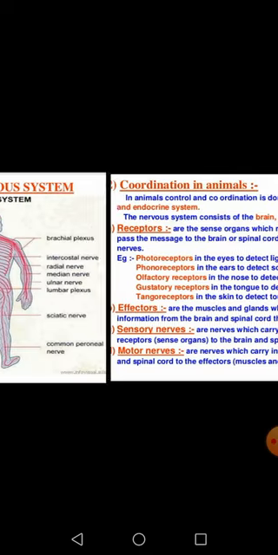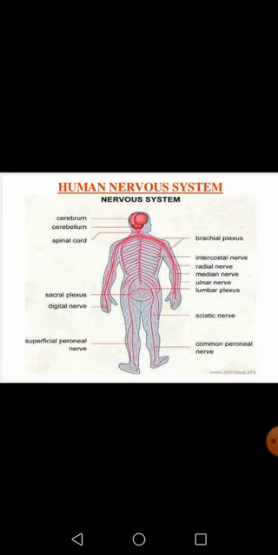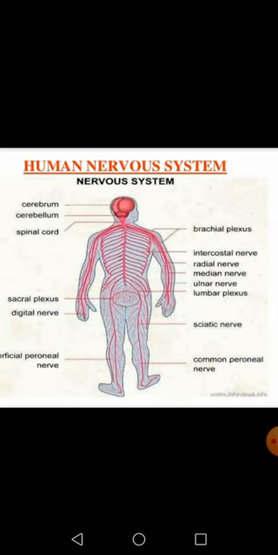Before that, I just want to show you our nervous system. You will observe that it has various parts. The brain is part of the nervous system, and so is the spinal cord. Along with that we have the peripheral nervous system, which has 2 types of nerves: spinal nerves and cranial nerves.